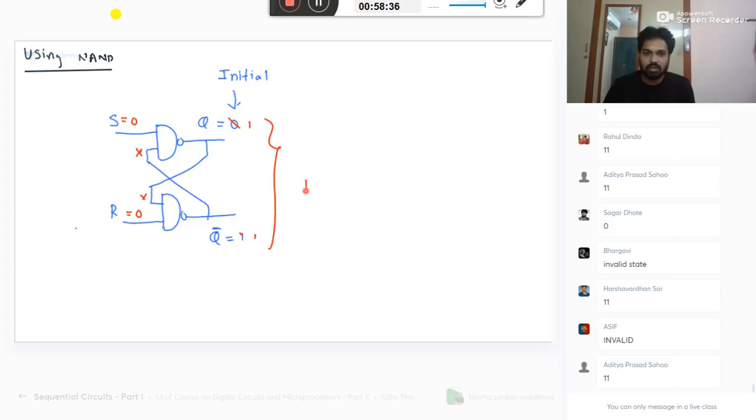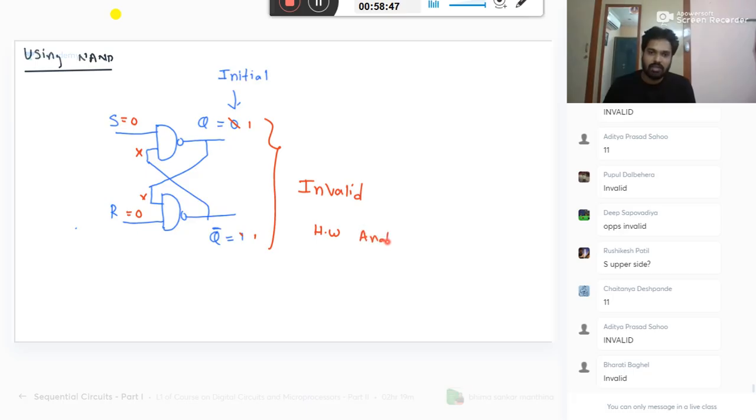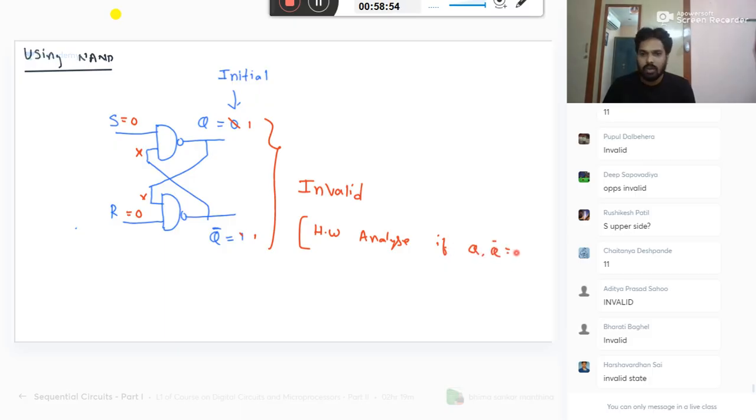Okay, what is this? I am giving you a small homework. Analyze if Q bar equals 1 initially, with TPD1 greater than TPD2, TPD1 less than TPD2, and both equal.